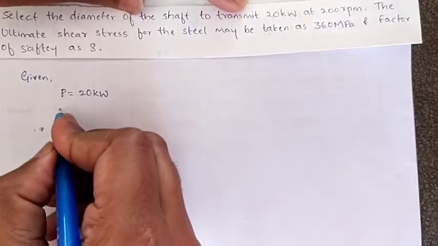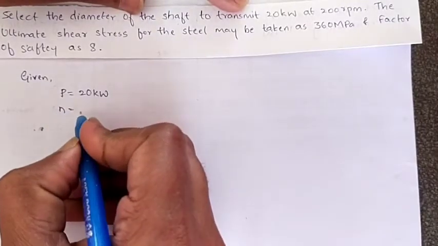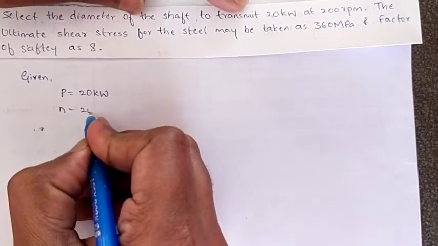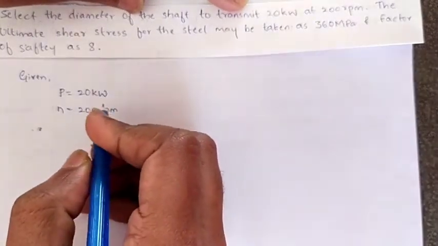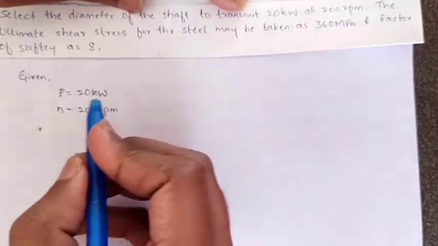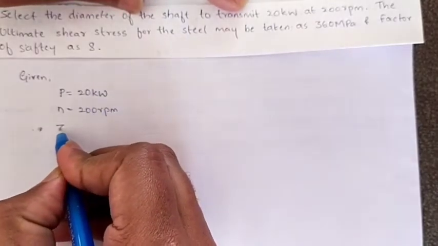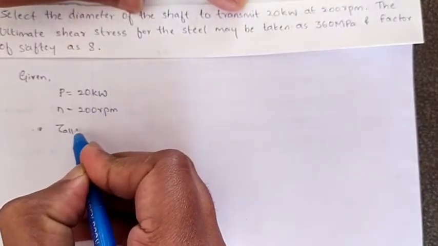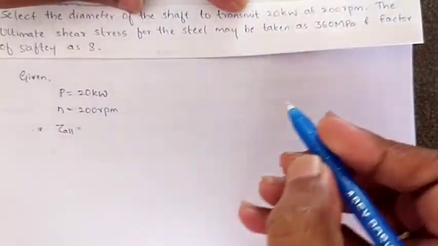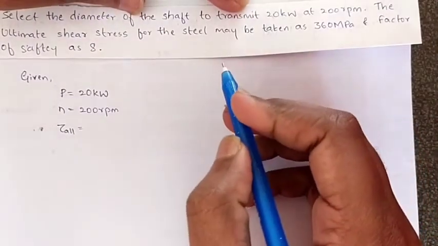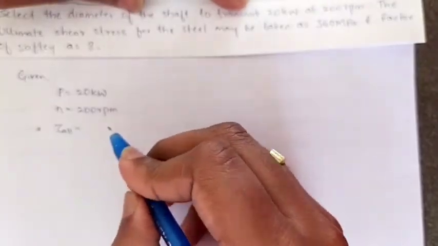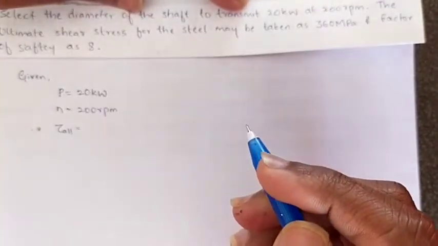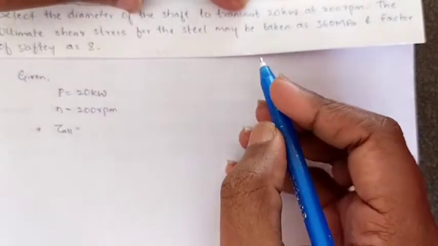That means the shaft is rotating at 200 rpm. Now we also need the allowable shear stress. In your last problem it was given directly, allowable shear stress equal to 42 megapascal. In this problem it is not given.